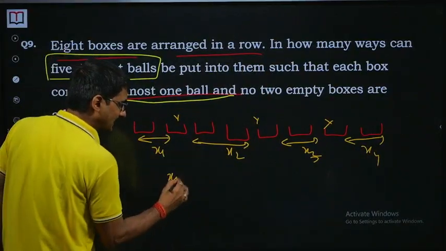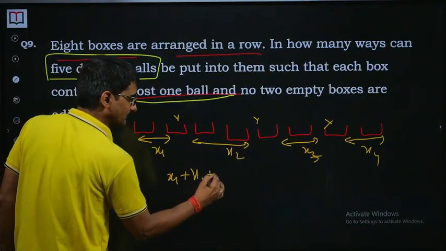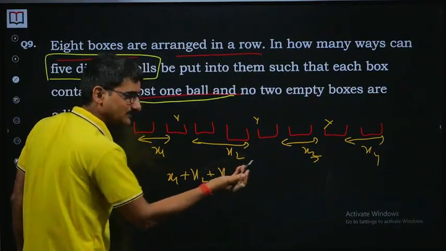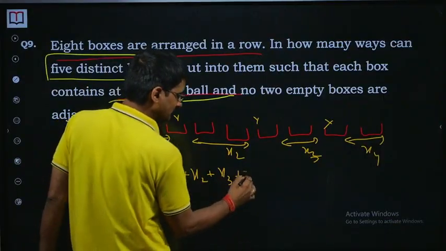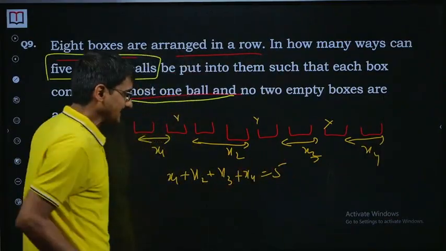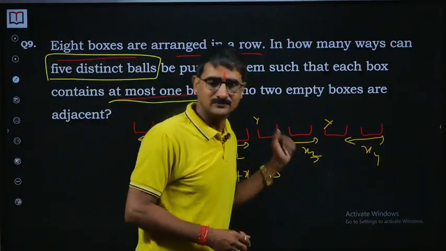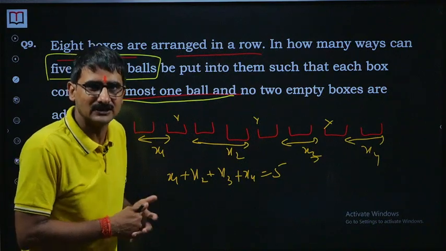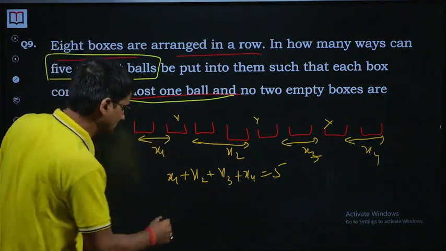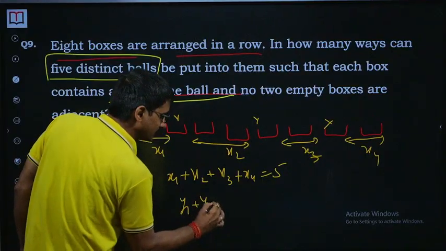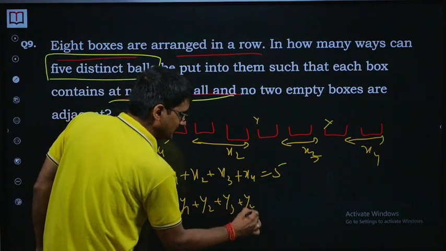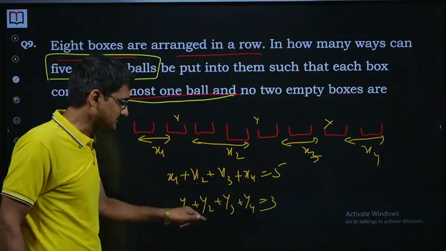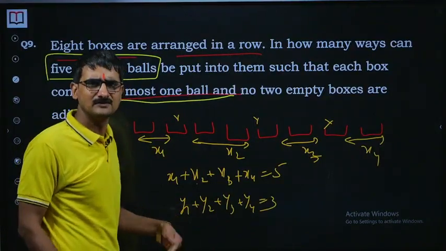So of course, they add up to give 5, because when you keep 3 boxes empty aside, you are left with 5. So x1 plus x2 plus x3 plus x4 is 5, such that x2 and x3 are not 0, they shouldn't be 0, they can't be 0, whereas x1 and x4 can be 0. So y1 plus y2 plus y3 plus y4 is to be 3, because x2 is 1 plus y2, x3 is 1 plus y3, we have already used it.